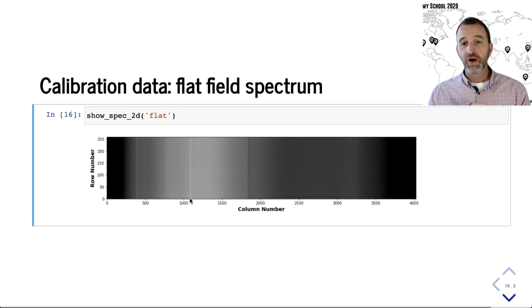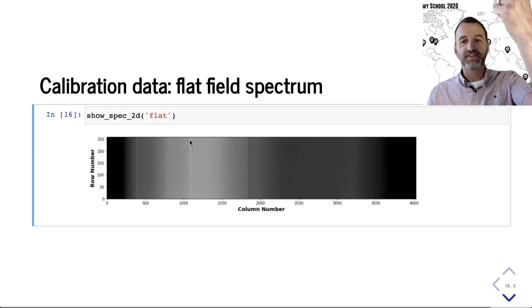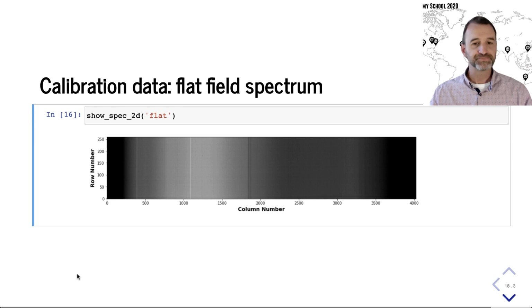And along this line, we ask, what is the typical number of counts? Maybe it's 5,000. So for each one of these pixels in that wavelength bin, we divide those by 5,000, and then we get the relative sensitivity from pixel to pixel. So we can use that to correct our images for flat field variations.